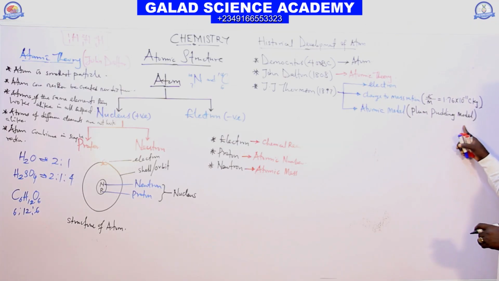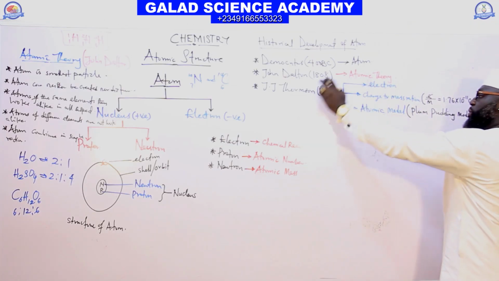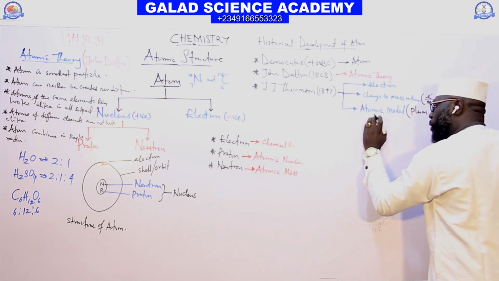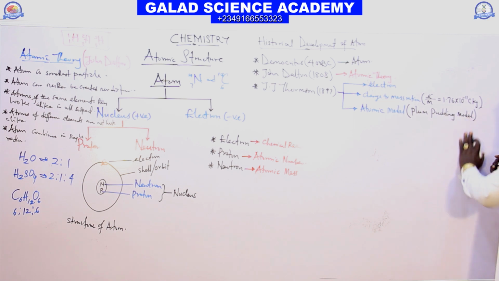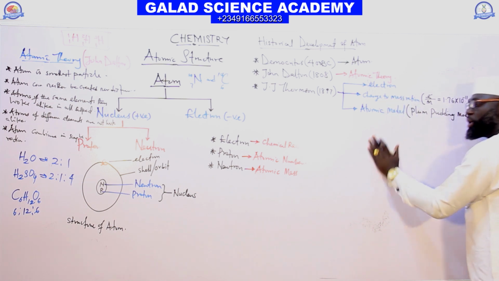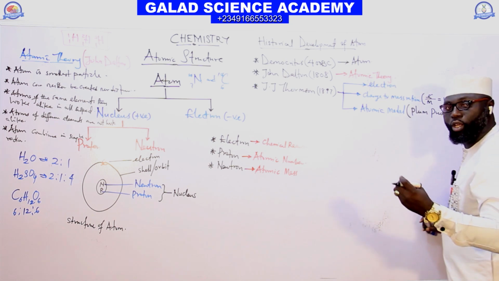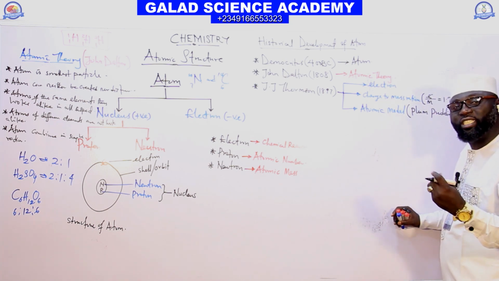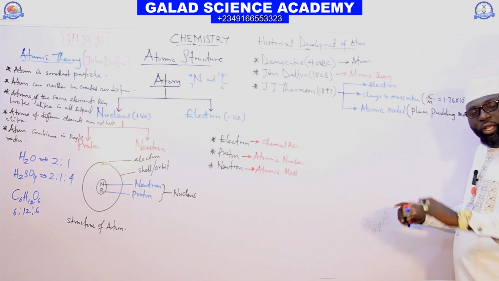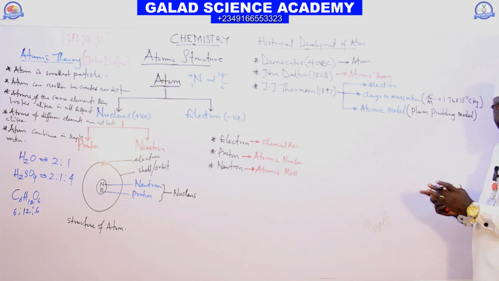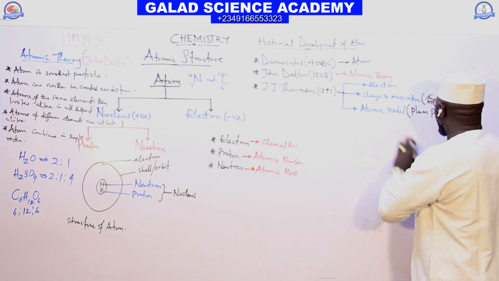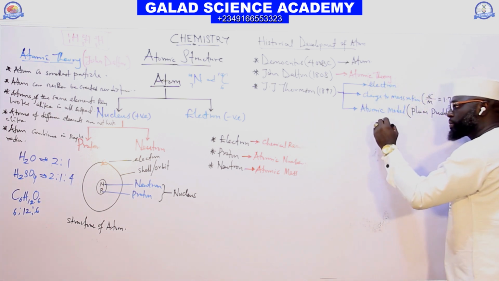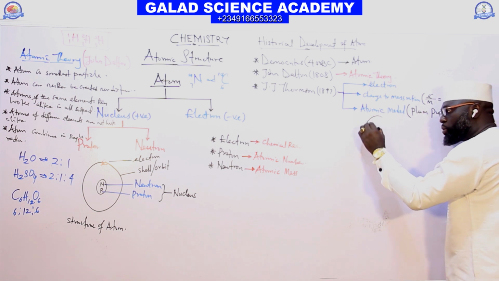The plum pudding model of Thomson, the atomic model of Thomson, is also called the plum pudding model. And the Thomson model said that the atom is comprised of a positive sphere embedded with electrons.